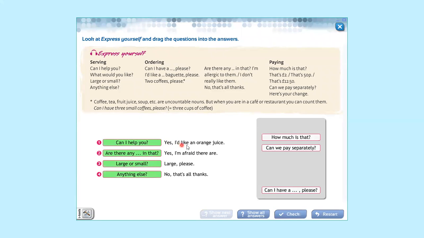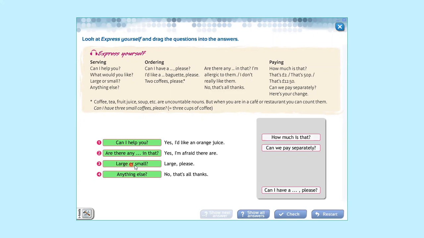I'd like an orange juice. Okay, what is question number 2? Are there any in that? Yes, I'm afraid there are. For example, we say, are there any shrimp? Are there any onions? Is there any garlic in that food? For example, that is the question that we have.